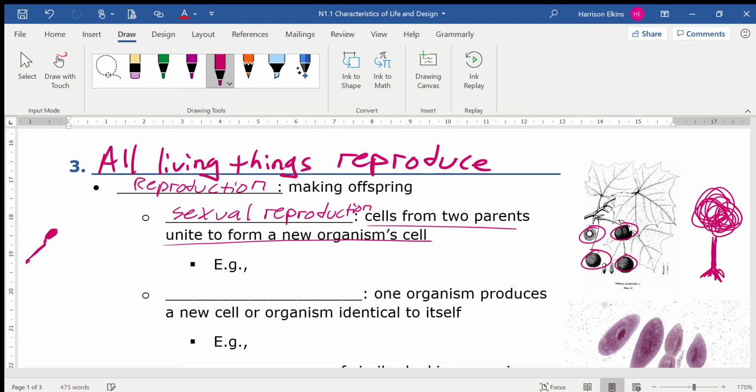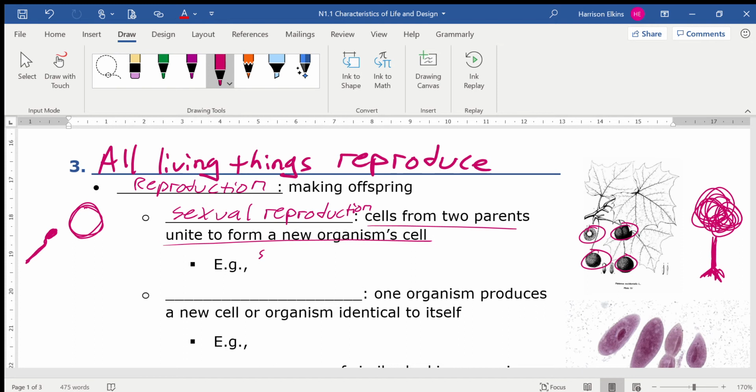Hopefully you've learned a little bit about this, and we'll learn more later. You get a sperm cell from the father and an egg cell from the mother. They unite, and those combine to form a new organism, a new baby.